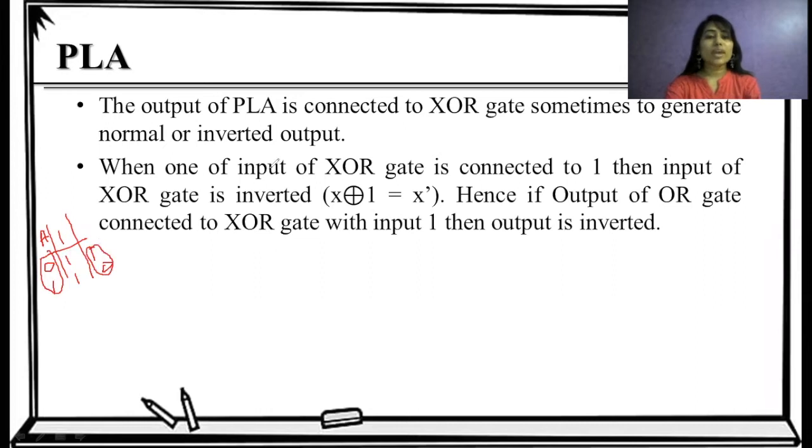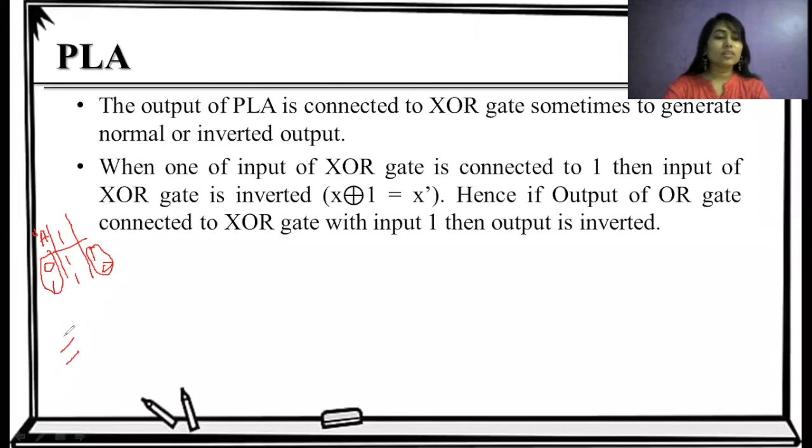That means whenever one of the inputs of the XOR gate is connected to 1, the other input of the XOR gate is inverted. Hence, if the output of the OR gate is connected to the XOR gate with input 1, then the output of the OR gate is basically inverted. What we are doing over here is using the XOR gate for inversion whenever we require.